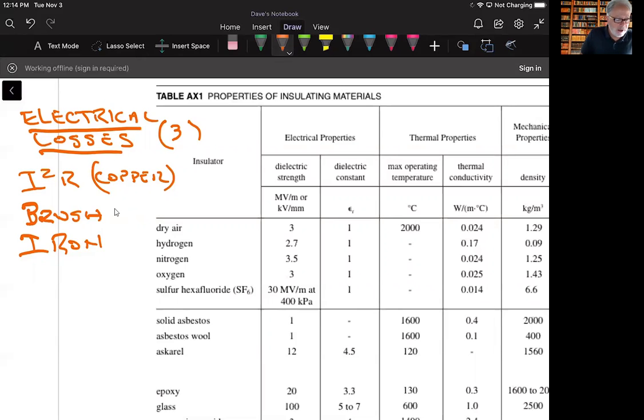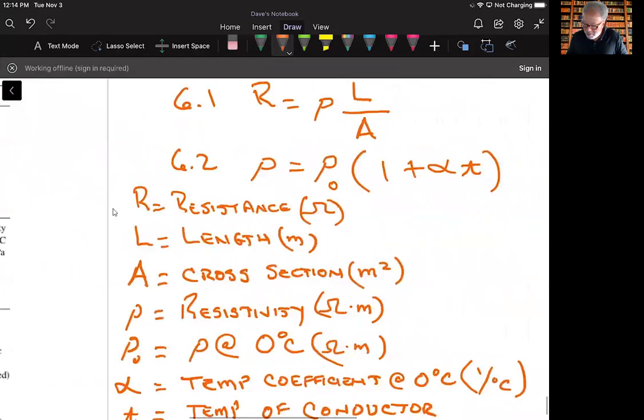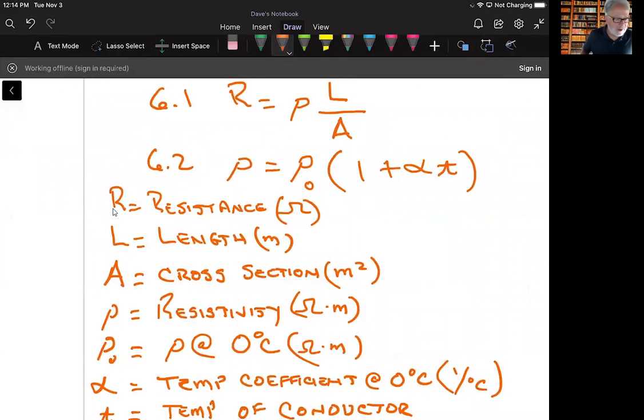But the losses in a conductor depend upon its resistance and the square of the current that it carries. Okay, I2R losses. So the resistance then, if that's the case, is dependent upon the things that are given to us in equation 6.1.